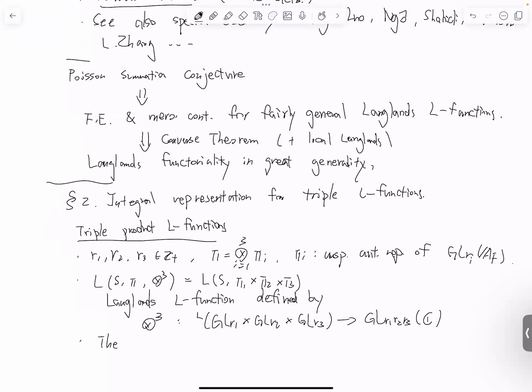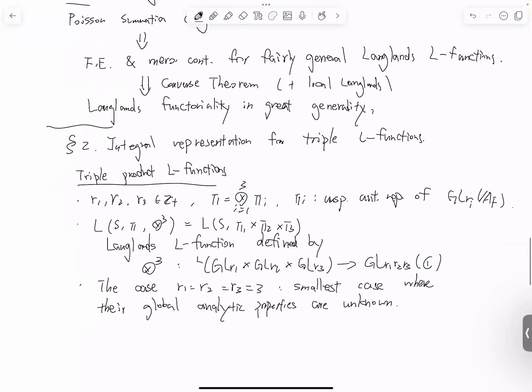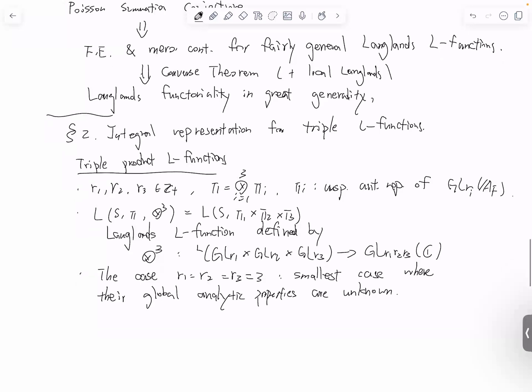And the case when r1 = r2 = r3 = 3 is the smallest case where their global analytic properties are unknown. So that's why we are dealing with this case, hoping to have a theory established for this triple case.